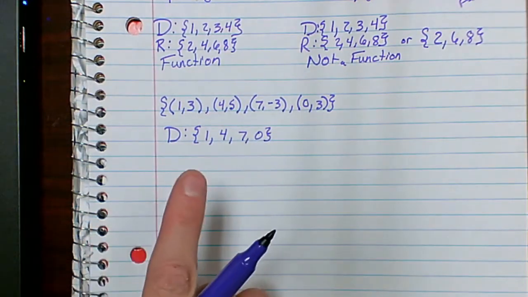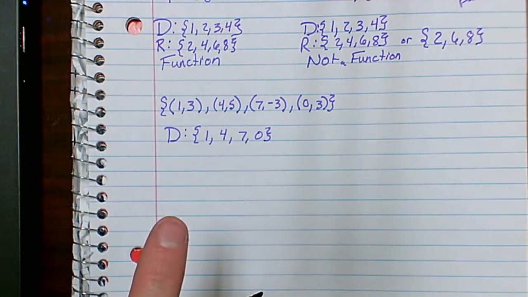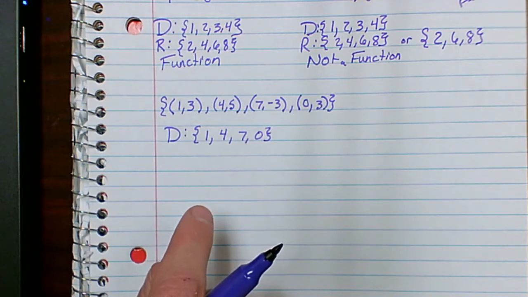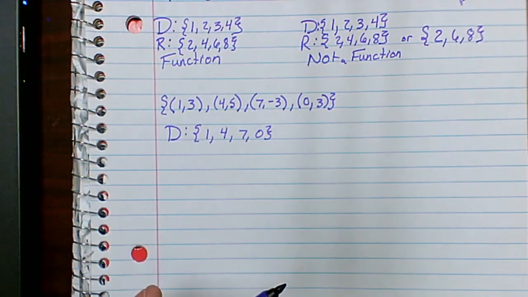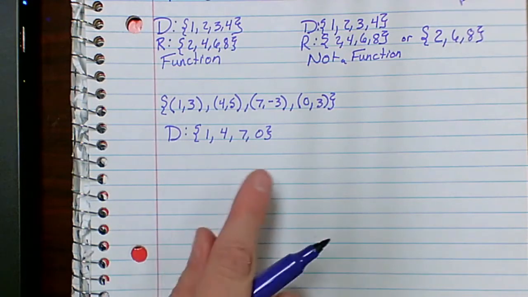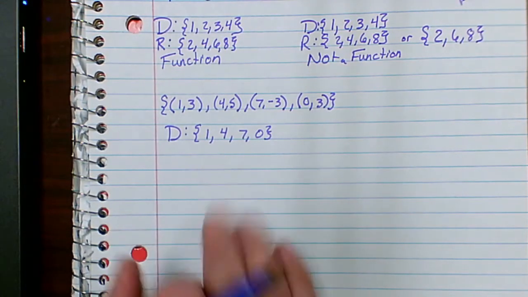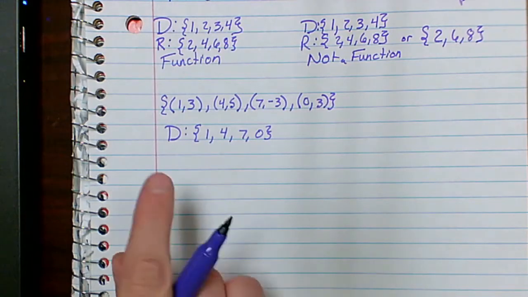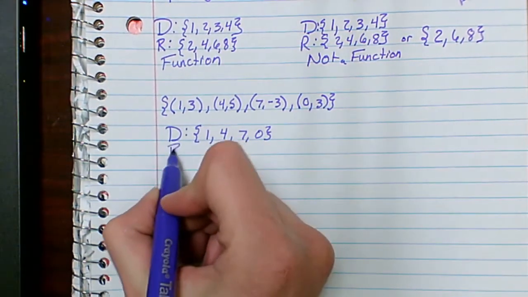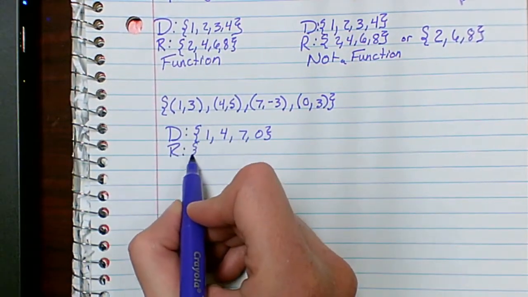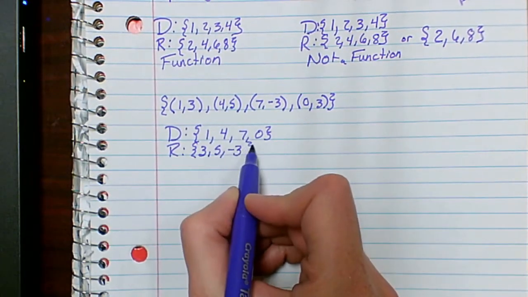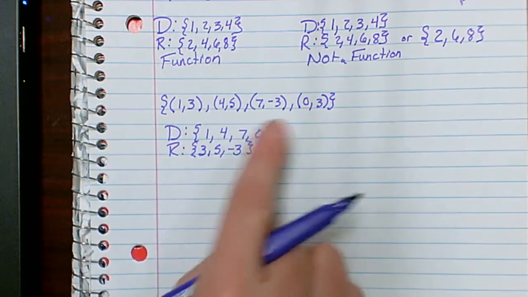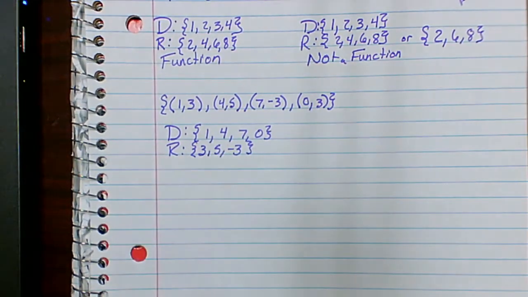Now, technically, you're supposed to write this in numerical order where it's 0, 1, 4, 7, but I just write it in the order that they give me. I've seen it written this way. It depends on your instructor. This way is fine for me. So your range will be 3, 5, -3, and 3. Well, I've already written down a 3. There's no need to repeat it. So that's our domain, that's our range.